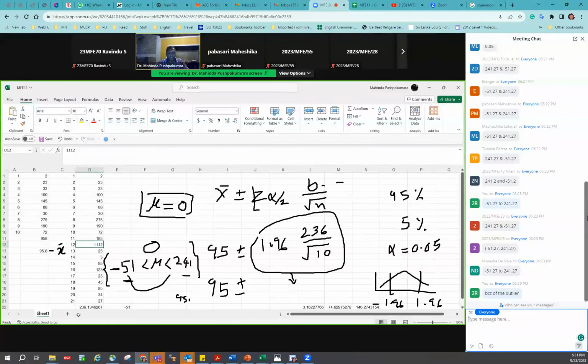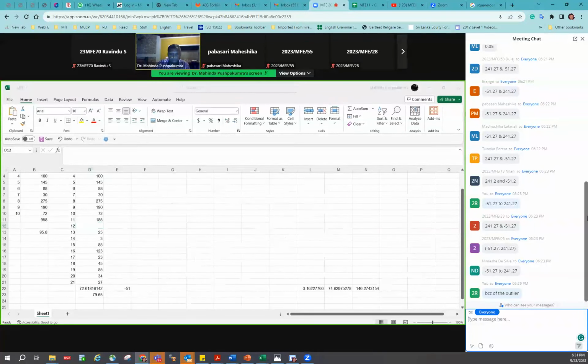Now you can see what will happen if you remove this value. Earlier we had minus 51 to 241.